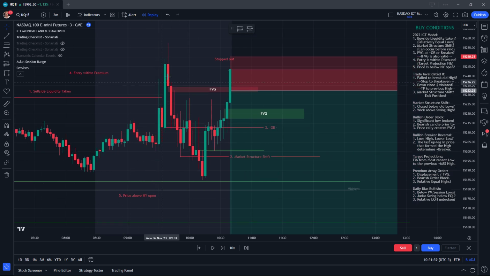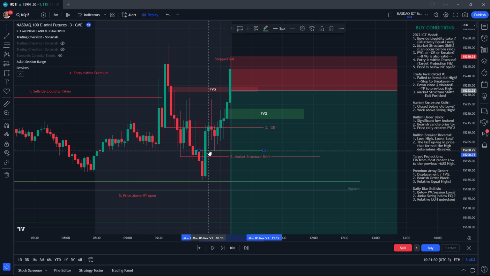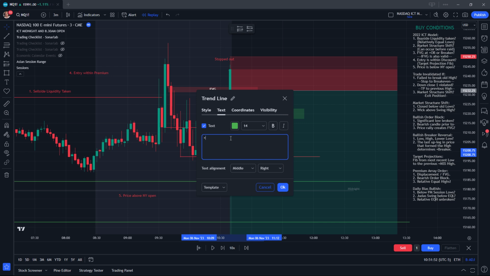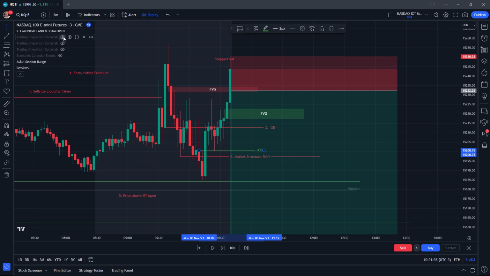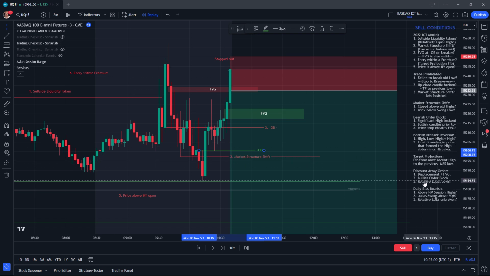Otherwise, we could argue that any down close candle is an order block. And then we can look at the last series of down close candles as the order block here. Yep, so there's our bullish order block.